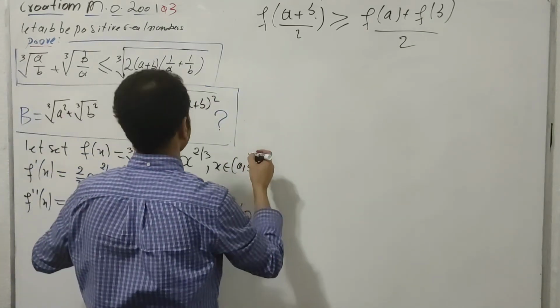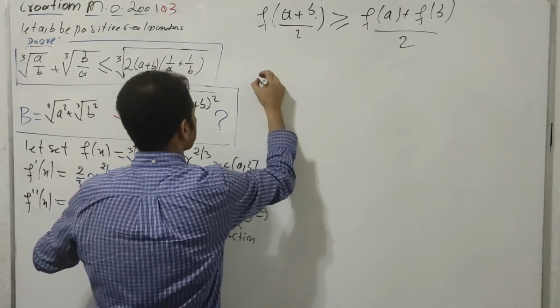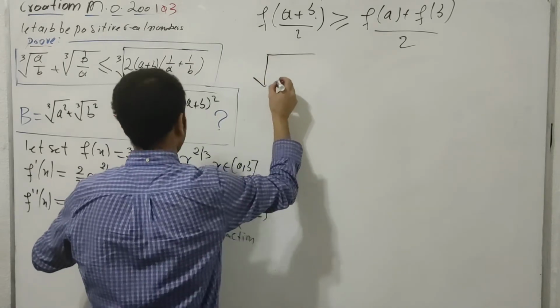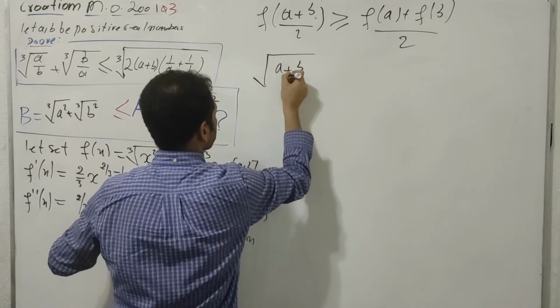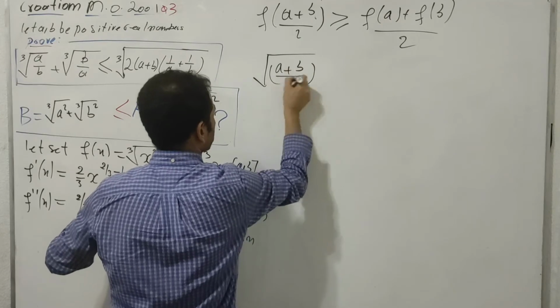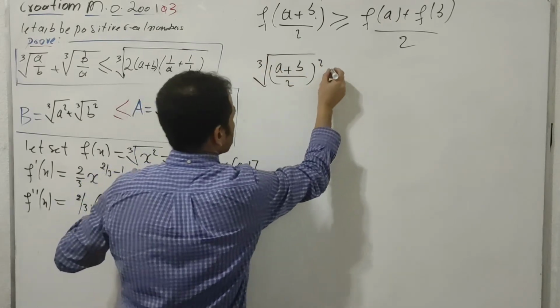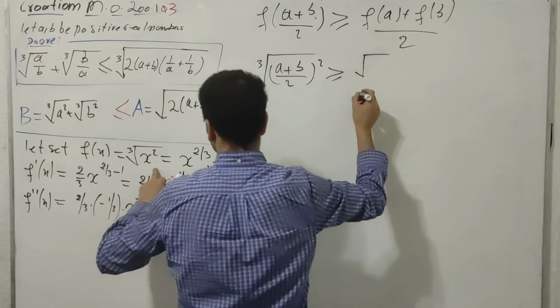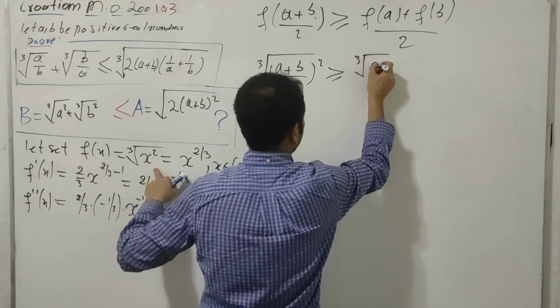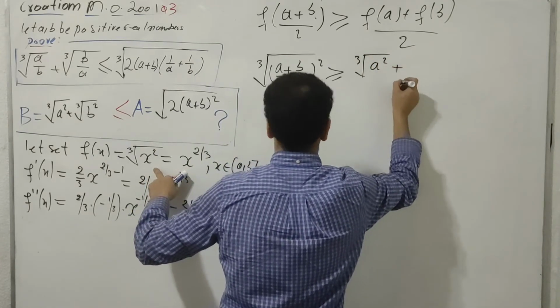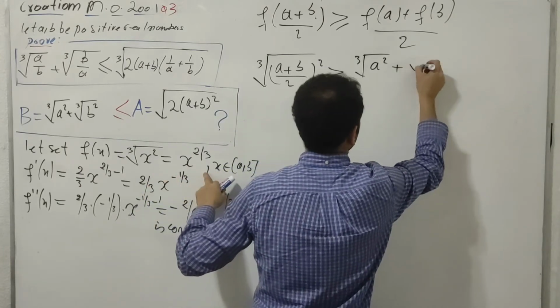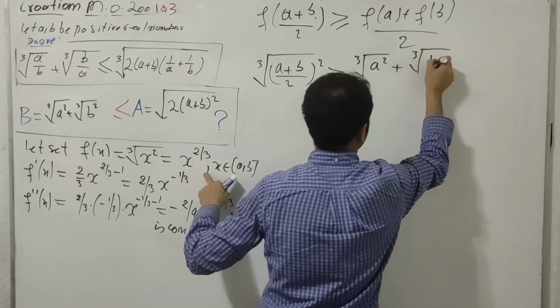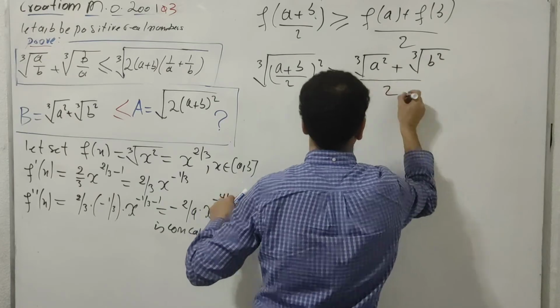I will have cube root of ((a plus b) over 2) quantity square is greater than or equal to (cube root of a square plus cube root of b square) divided by 2.